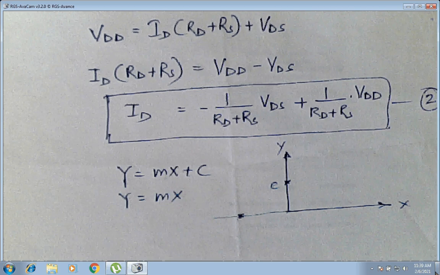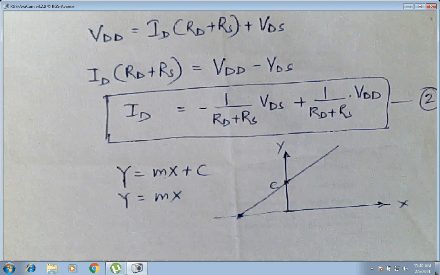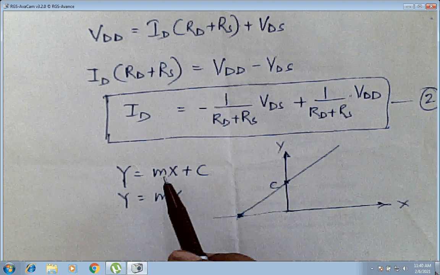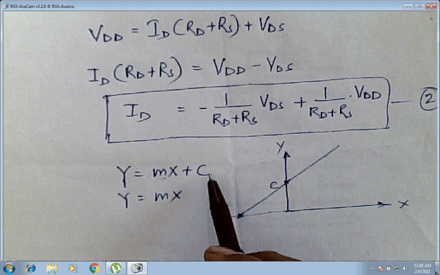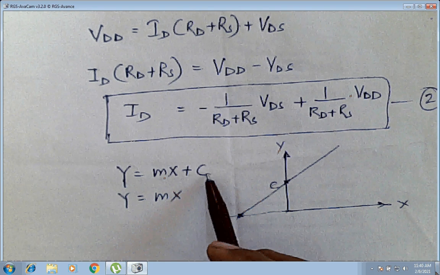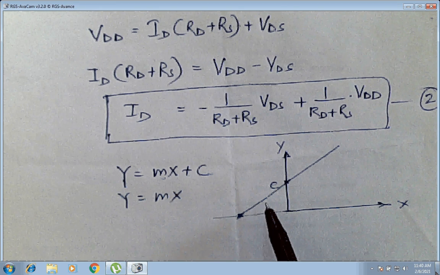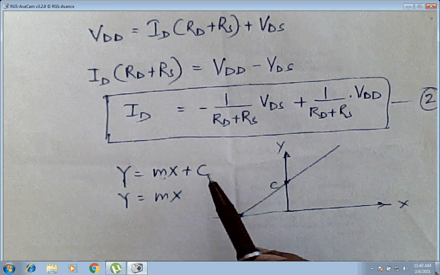So plotting that line, this line will be like this if m is positive. Remember, m is always the slope and c is the cutting of the y-axis when x is equal to 0. This is a straight line equation, y is equal to mx plus c.